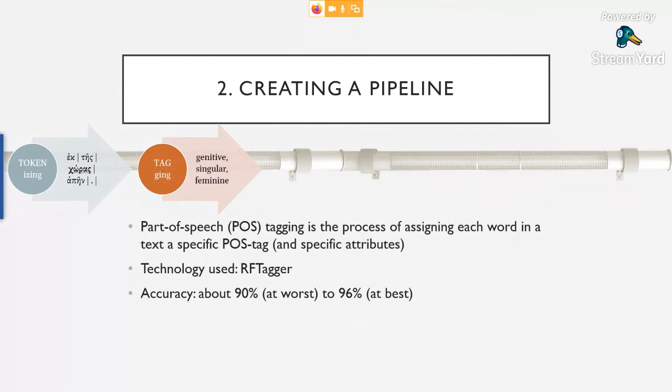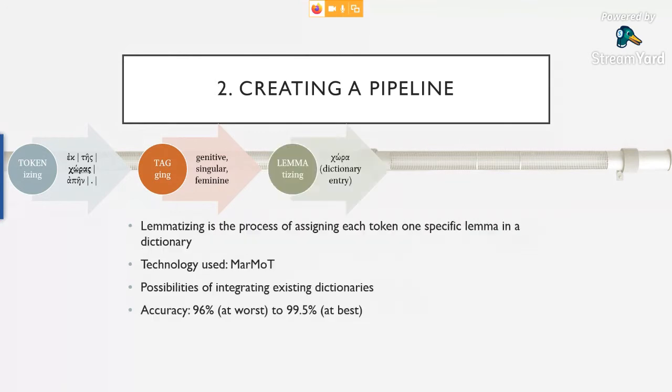The accuracy is quite high for this step, from 90% to 96%, more or less. We will see in the second exercise that there are some challenging constructions that are prone to be annotated in the wrong way.